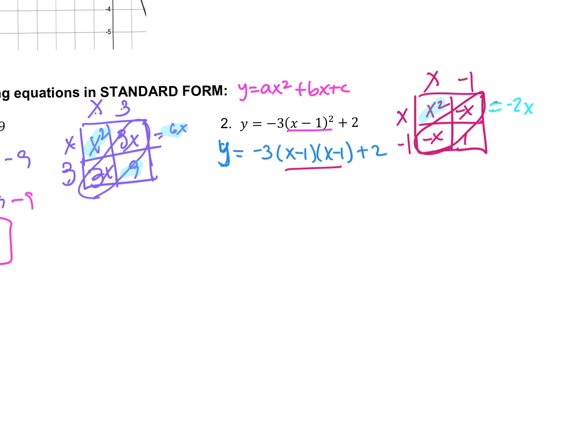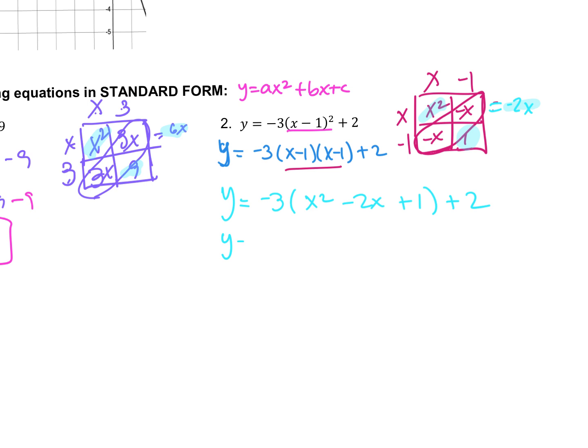I want this, this, and that one. So y equals -3 times (x squared minus 2x plus 1) plus 2. Now distribute your -3.